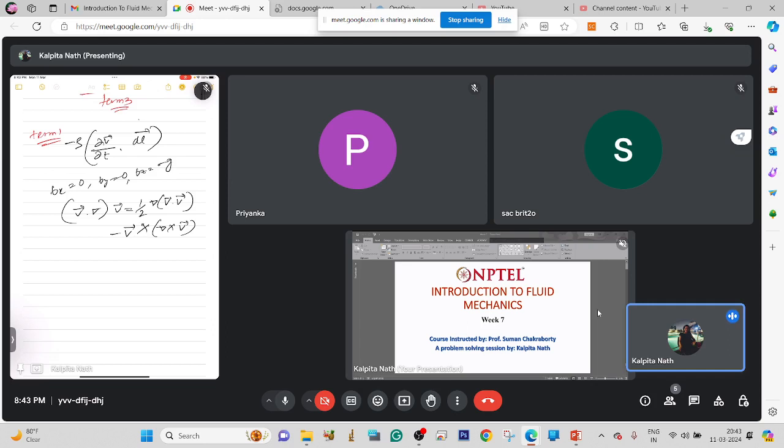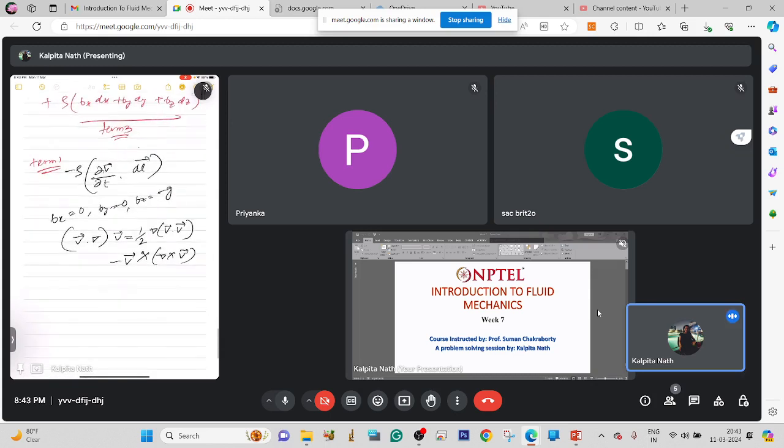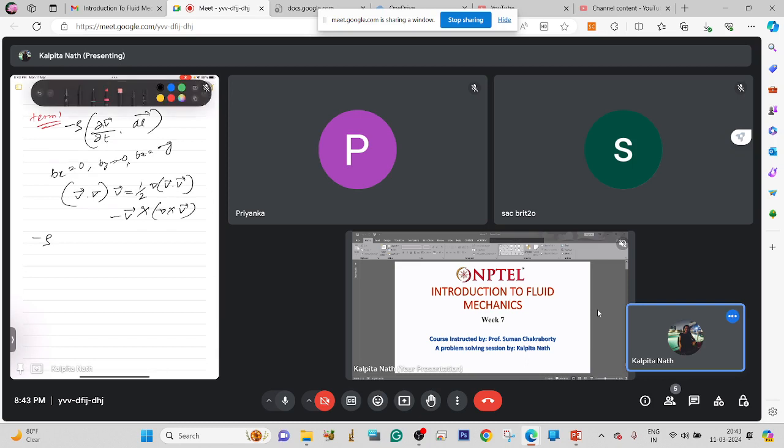Okay, so now the term 2, this whole big term can be shortened up. So this can be written as minus density, that means this is term 2, the density v vector dot del v vector dot dl vector.